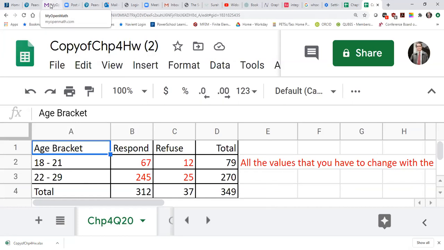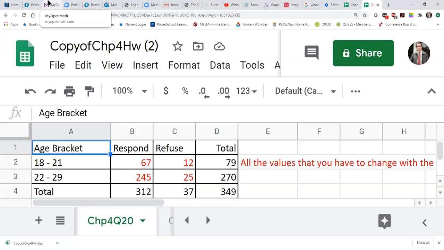The table on the left is the age bracket. There are two age brackets, from 18 to 21, from 22 to 29. And on the column, there is a response that is refuse and respond. Right?